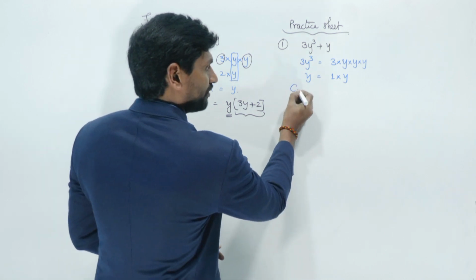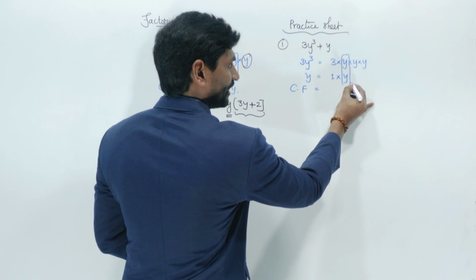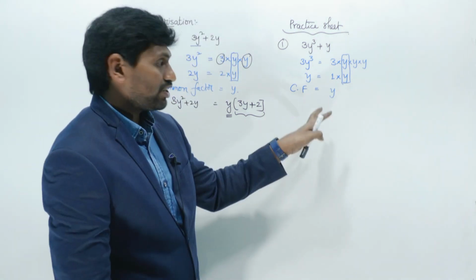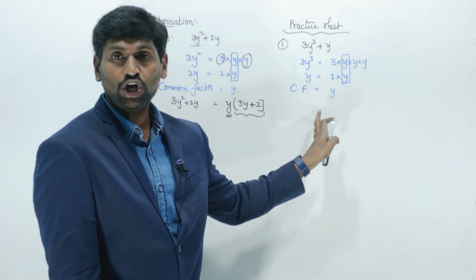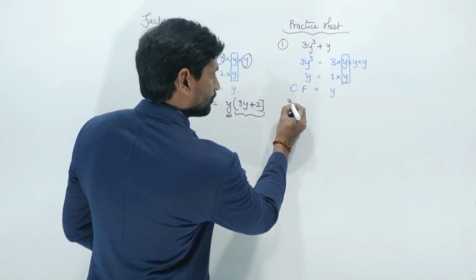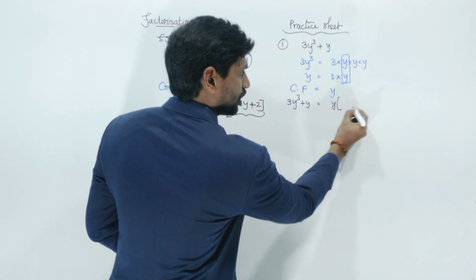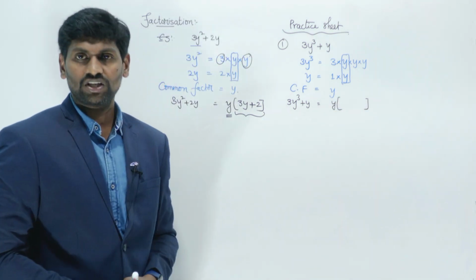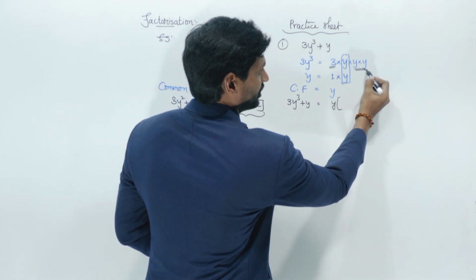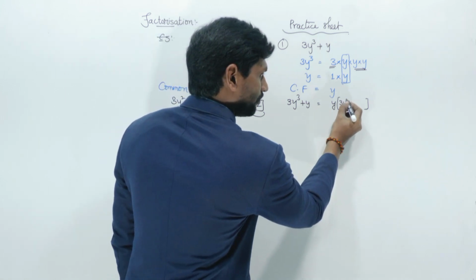Now what are the common factors? The numericals are different, but observing the variables, the common factor is y. Now for the given expression 3y cube plus y, first we write the common factor. After removing the common factor, what is remaining in the first term? 3 into y into y, which is 3y square.